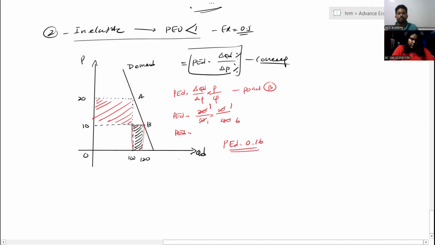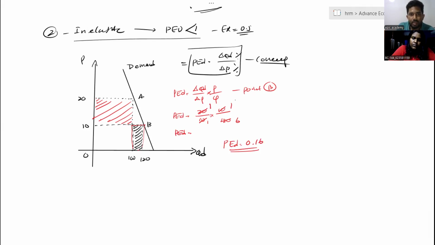Okay. You have to take the value from the calculation. So now you can identify PED is taking a value less than one. Yes, it is proved. Okay. So how did it happen? This is the point you have to identify here. It's very important.